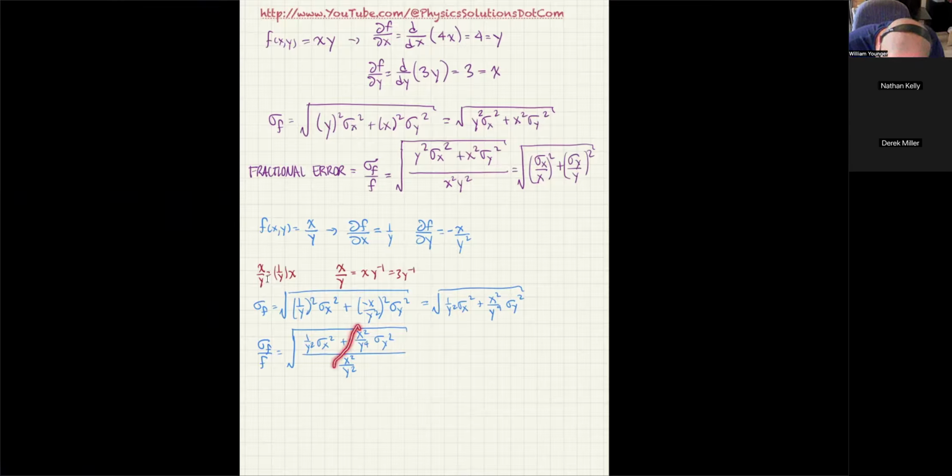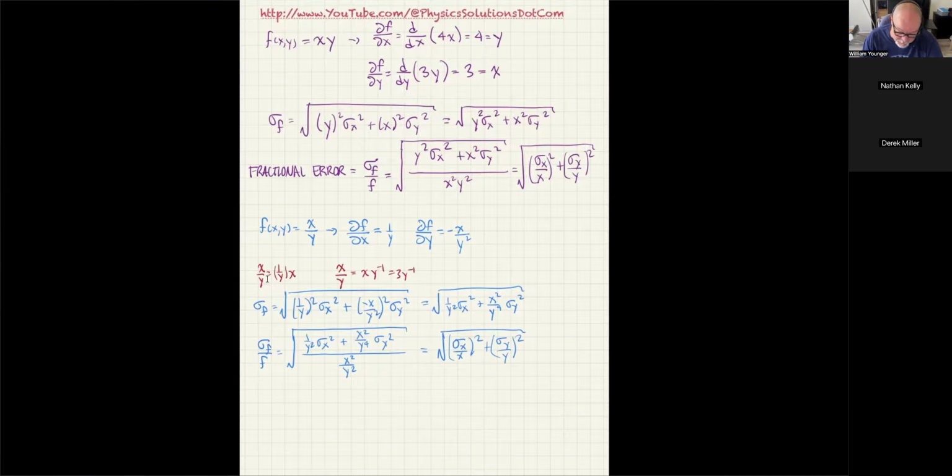And if you look at this fractional part, you see that the x squared in the top is going to cancel out with the x squared in the bottom, and the y to the fourth is going to cancel out the y squared in the bottom and just leave y to the second, which gives us sigma y over y, squared, and that's the fractional uncertainty. So now what I have is, in fact, the square root of sigma x over x squared plus sigma y over y squared, like that.